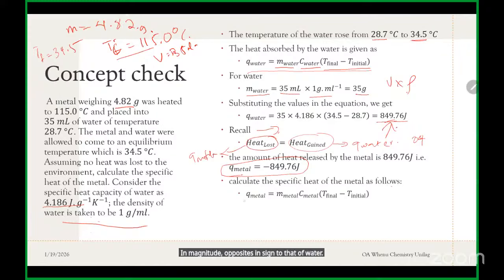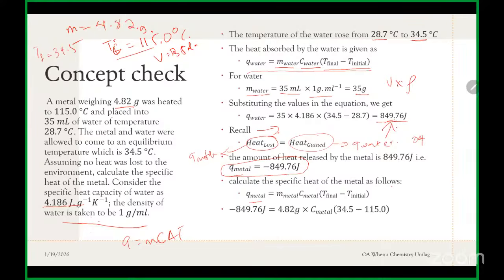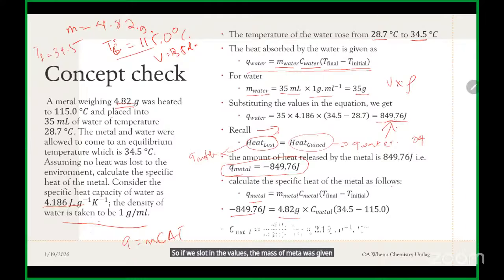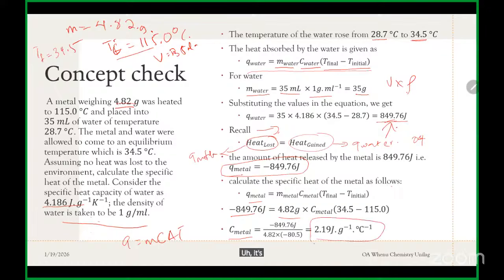So that means Q metal, same formula, Q is m c delta T. Any question? If we slot in the values, the mass of metal was given in the question. We can calculate the specific heat capacity of the metal, and it's given as that.